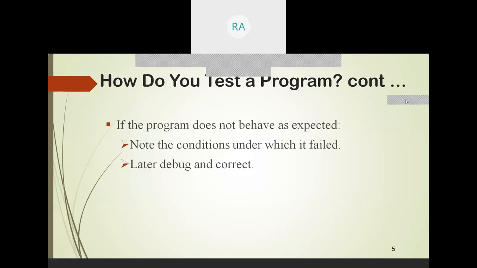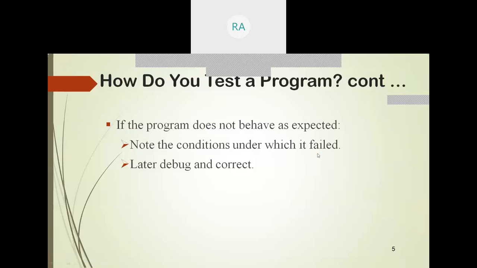What do you mean by testing exactly? You are checking the expected behavior against the observed behavior under certain conditions, and you are noting down the faults if it is not acting as per the expectation. Once you arrive at the faults, you are going to debug and correct the software based on the observations made.